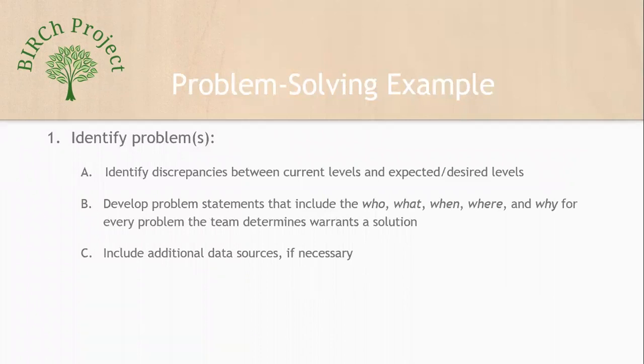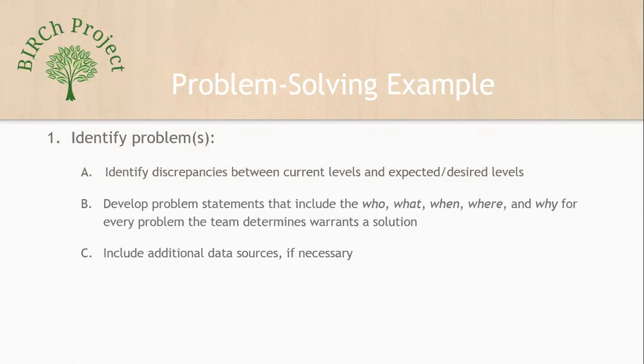In the first step of the problem-solving model, we have to quantify the problem. We have to identify a discrepancy between a current level of performance among our students and an expected or desired level of performance. In most instances with social emotional screening data, an expected or desired level is based on the cutoffs for risk.